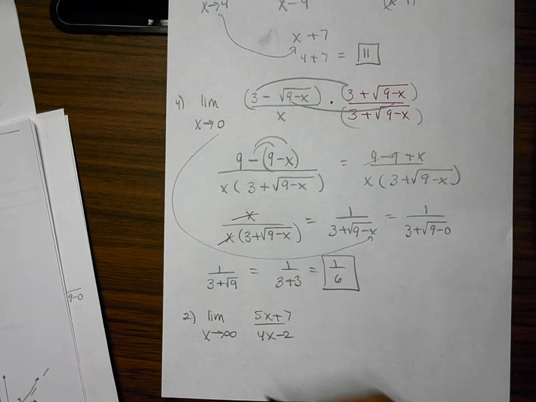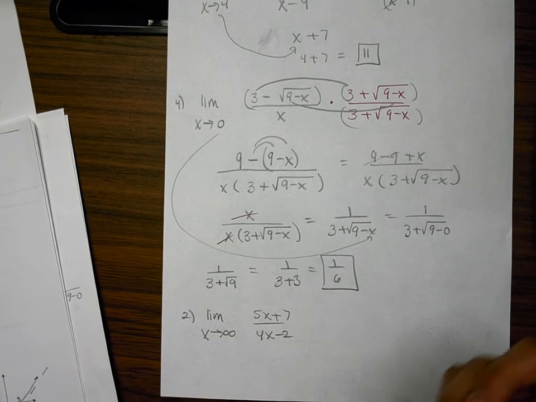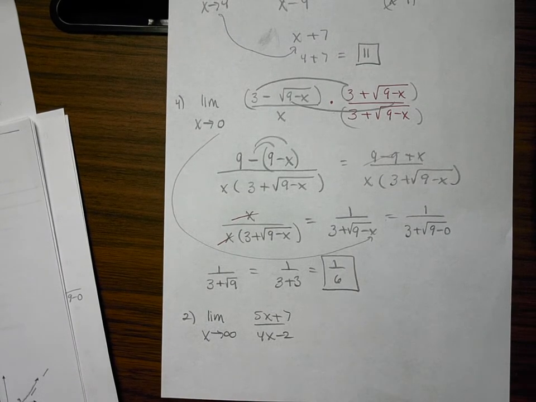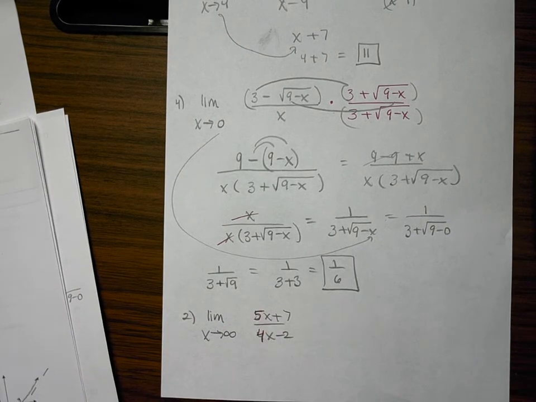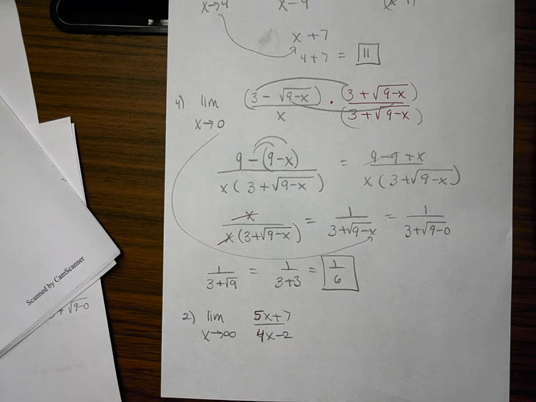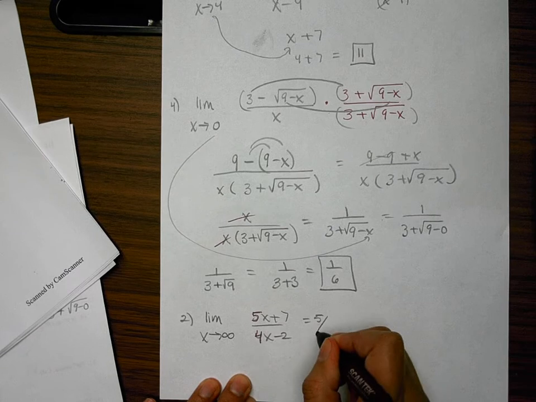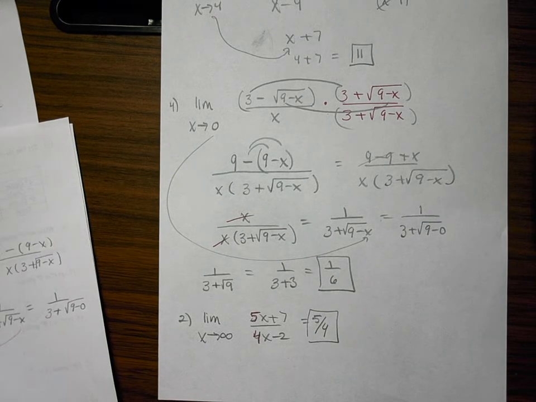When it's approaching infinity or negative infinity, you do the shortcut: top heavy, bottom heavy are the same. So you take your leading coefficients, which are 5 and 4, so your answer is simply 5/4. No extra work needed.